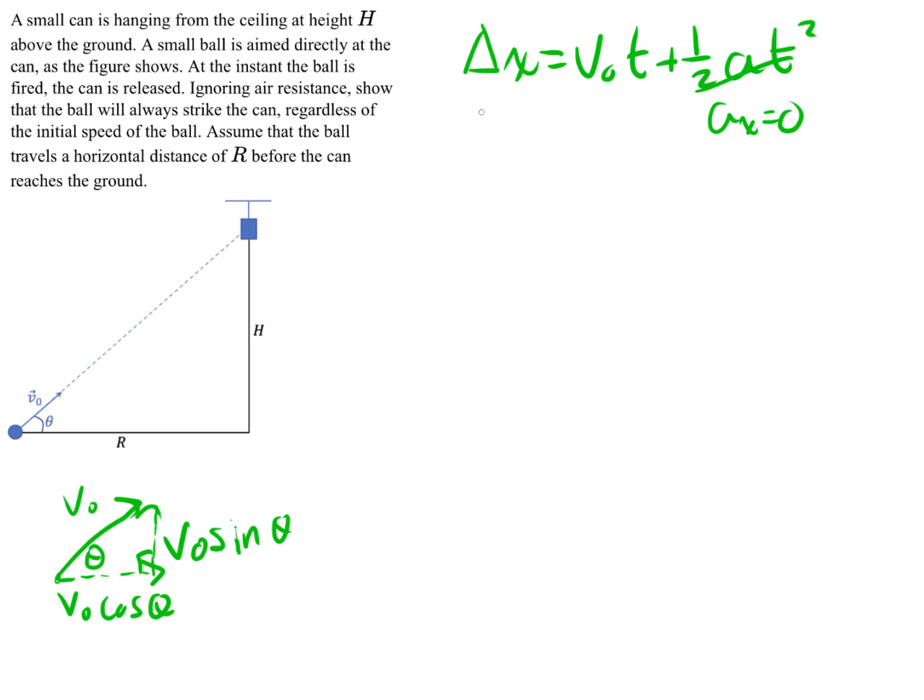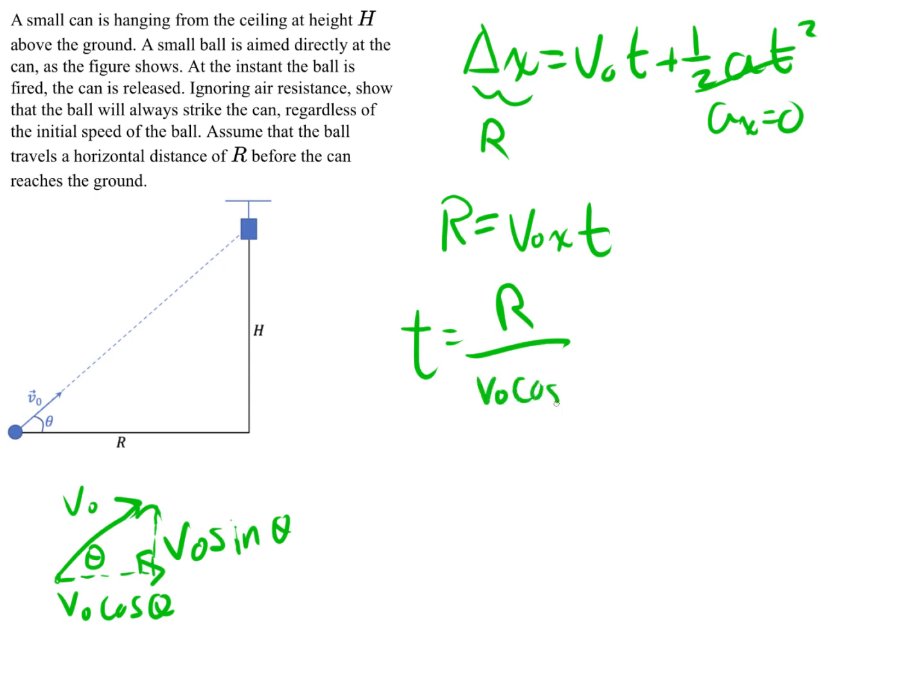The displacement, or change in x, is simply r, the horizontal distance r, as shown in the diagram. So we can say that r is equal to the initial velocity in the x direction times the time interval. That means the time interval is equal to r divided by the initial velocity times the cosine of theta.